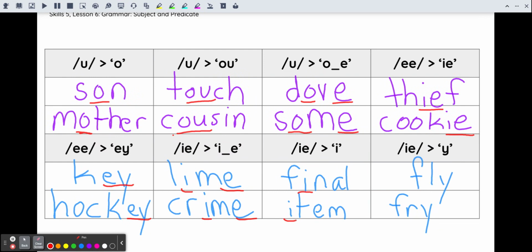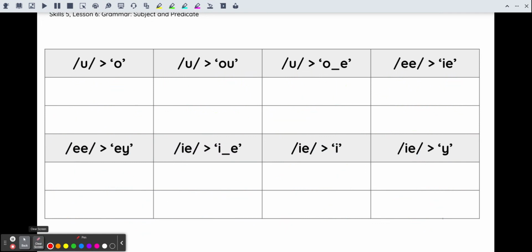And then our last one is I, spelled with a Y, as in fly and fry. All right, if you were able to remember those sounds and spellings, give yourself a pat on the back. And let's go to our next slide.